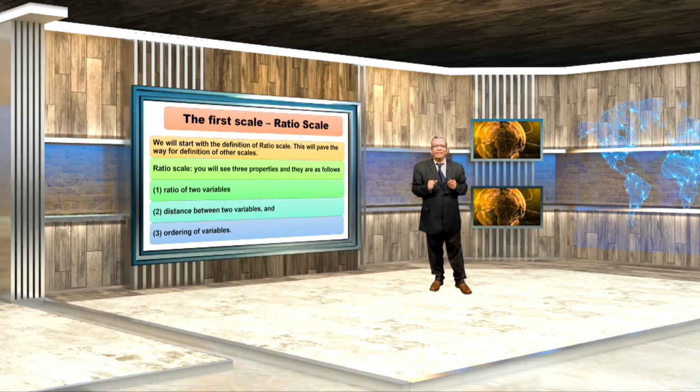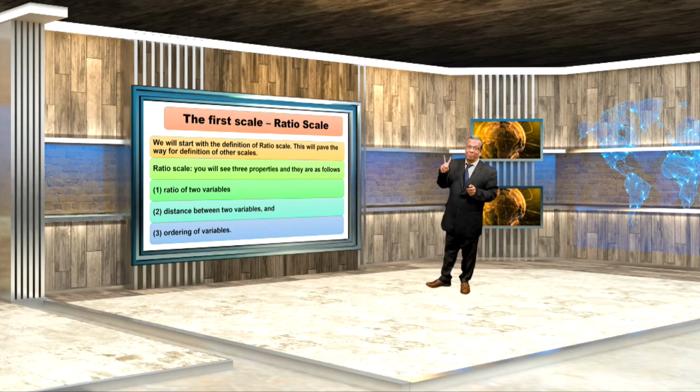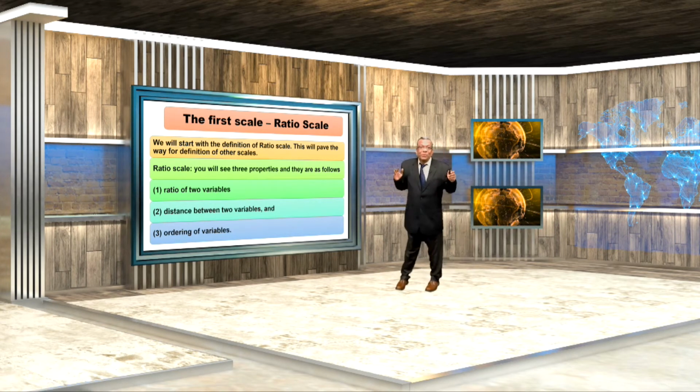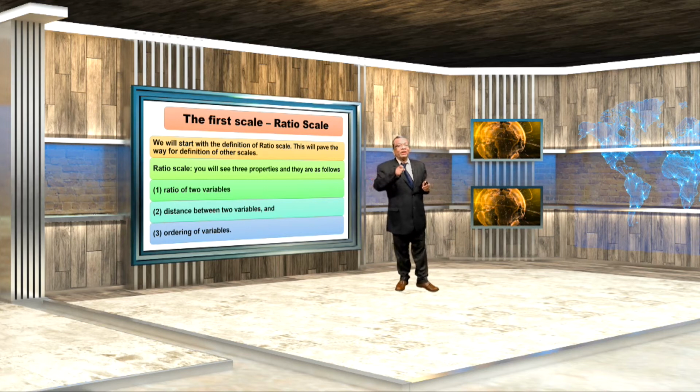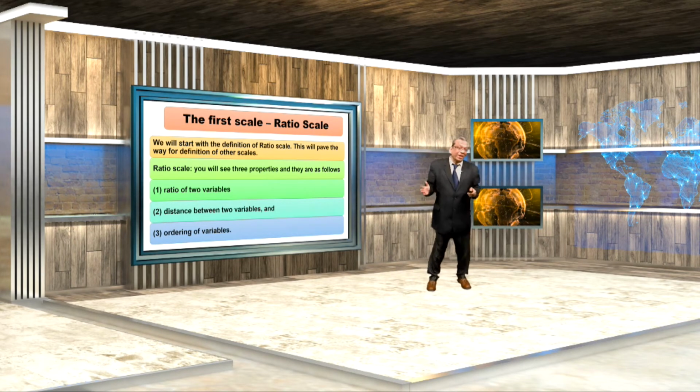Number one, it is a ratio of two variables. There is a distance between two variables and there is an ordering of the variables. This is very important. Therefore, the ratio of 5 divided by 6 has a meaning, the distance between two variables has a meaning, and ordering of the variables also has a meaning, and all these three properties have to be satisfied by the ratio scale.